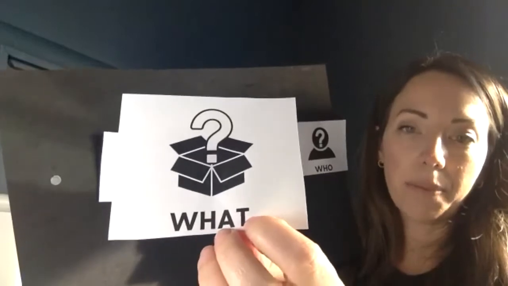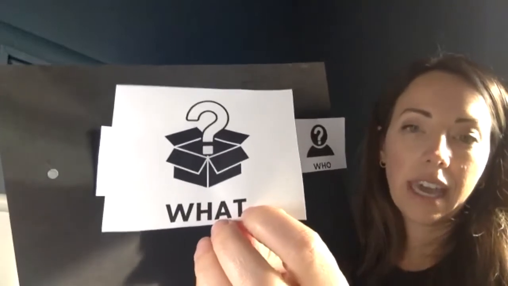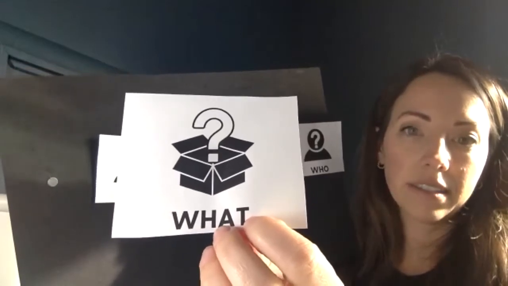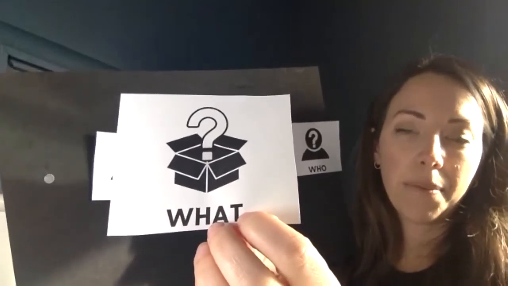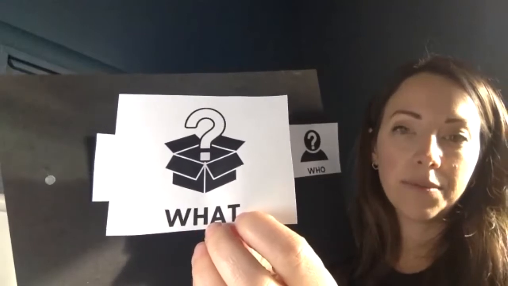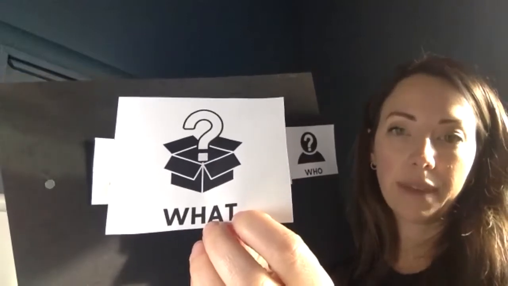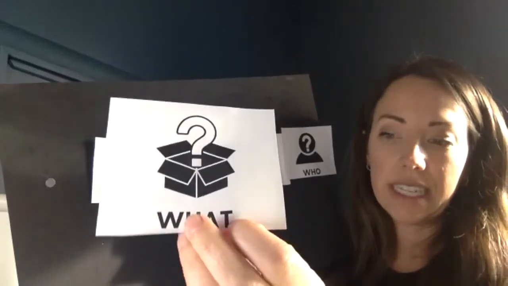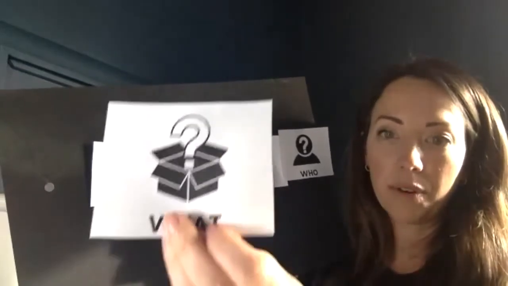The first one we've talked about is what? What is a personal passport? And I'm holding my picture of the word what with a black box opened with a question mark coming out of it. What is a personal passport?